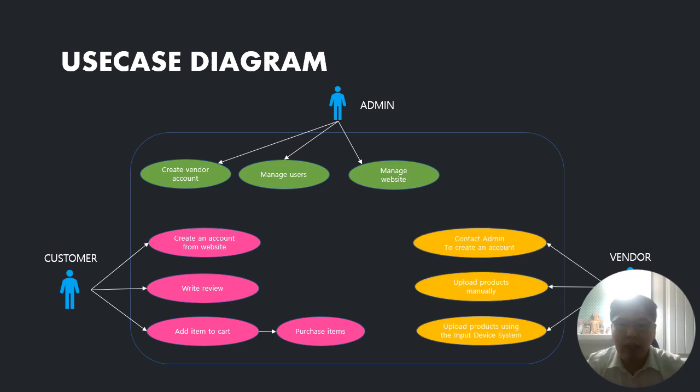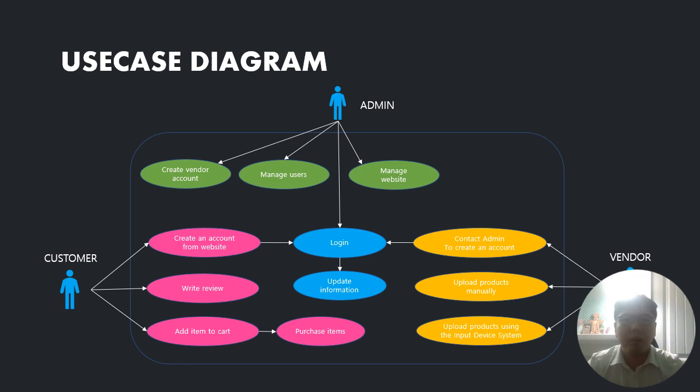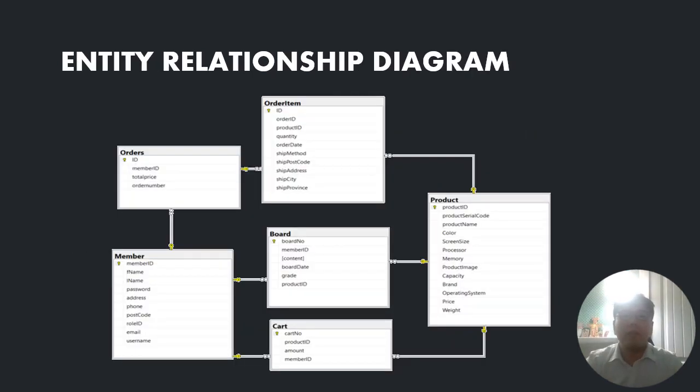As a vendor account, they must contact the admin for creating their account, and they can upload products manually, and they can upload products using the input device system. Logging in and updating their information is for all of them. The following 6 tables are what I use for the website.